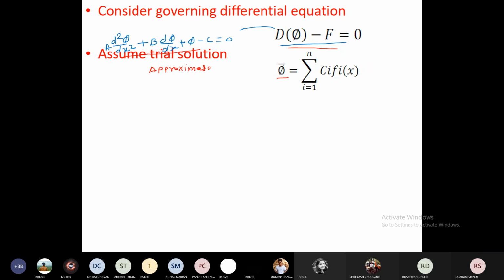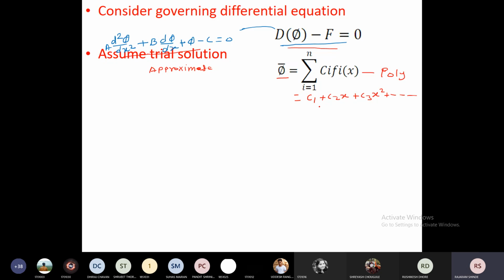solution. Approximate solution phi bar is equal to summation of Ci Fi(x). Now, what is the meaning of this Ci Fi(x)? It is one polynomial. I have written here in short form. Now, it is in the form of C1 plus C2 x plus C3 x square and so on.